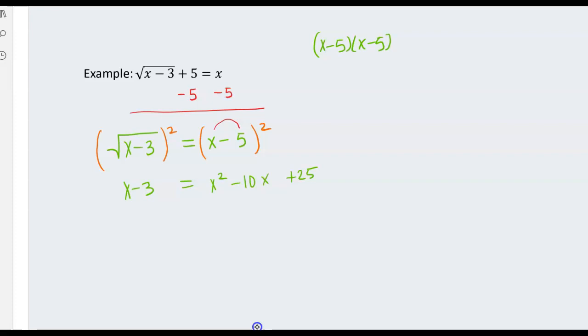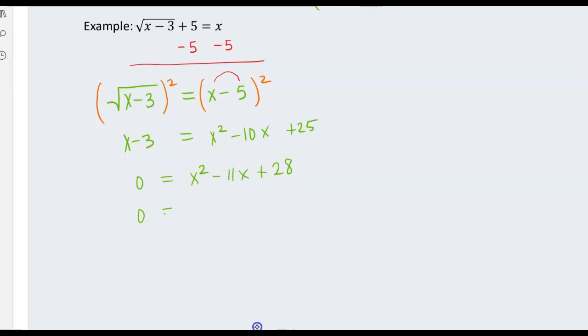Again, this is a quadratic, and to solve, I get everything on one side, 0 onto the other. So I'm going to subtract x and add 3 to both sides. So it looks like I'm getting x squared minus 11x plus 28 equaling 0.